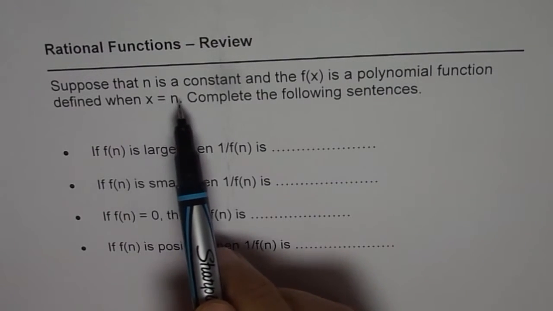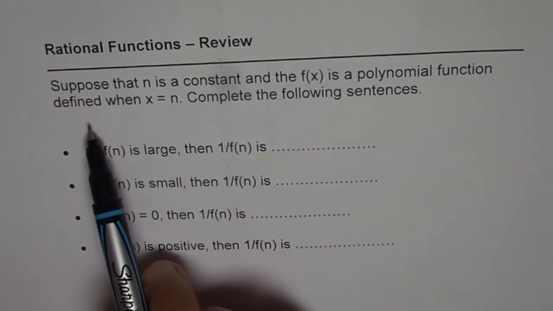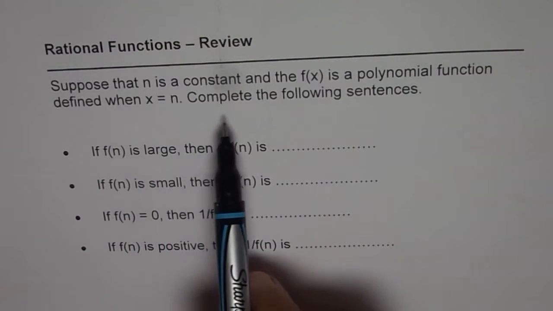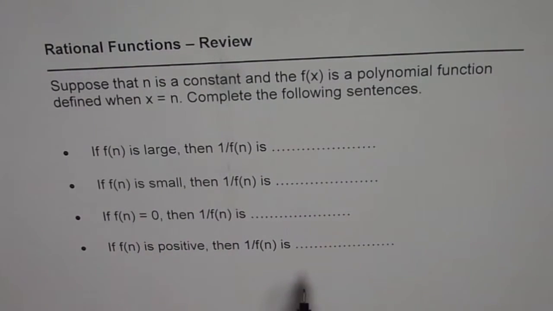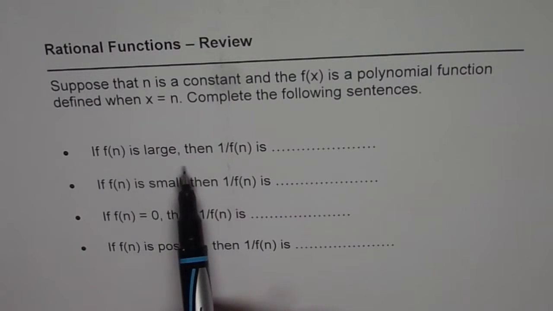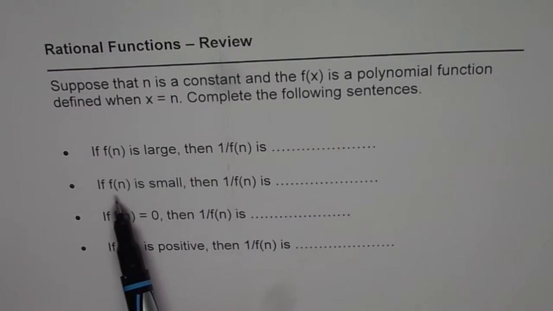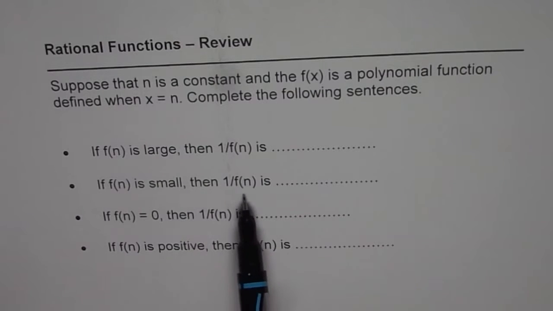Suppose that n is a constant and f of x is a polynomial function defined when x equals n. Complete the following sentence. So we have four different conditions. First, if f of n is large, then 1 over f of n is what? If f of n is small, then the reciprocal of f of n is what?